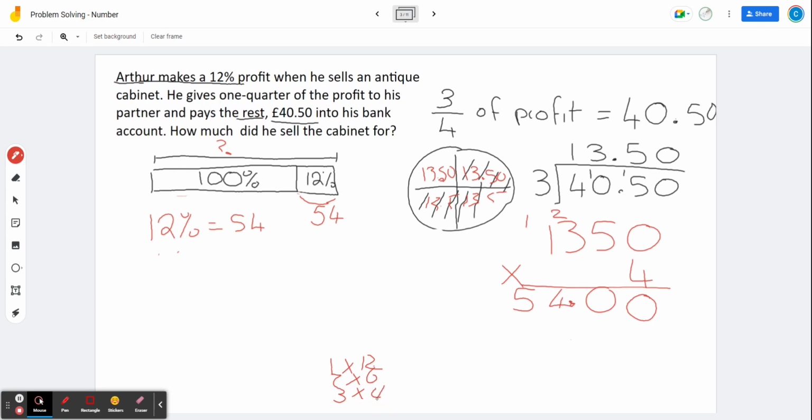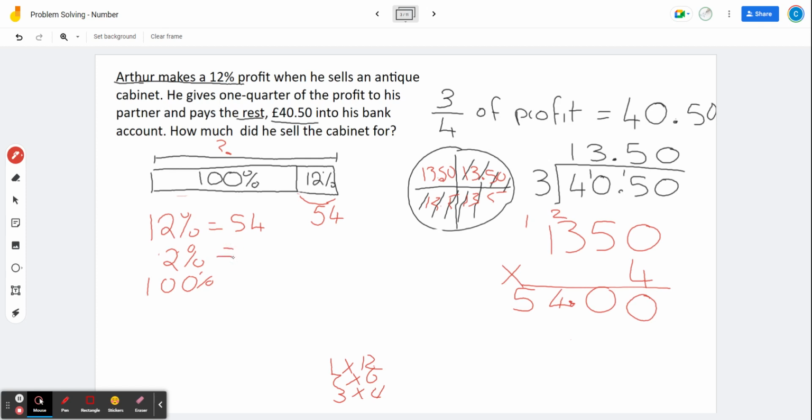I can either divide it by 6 to get to 2% and then times it by 50, which will get me to 100%. Or I can divide it by 3 and get 4%. But I'll get what 2% is.